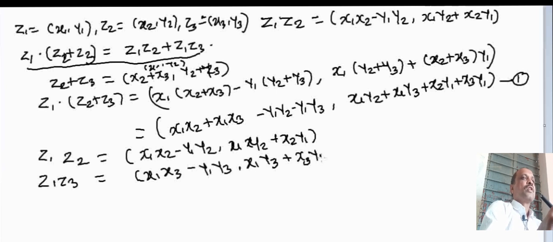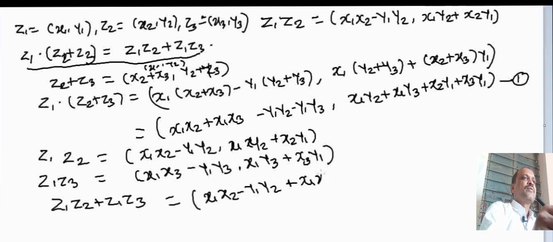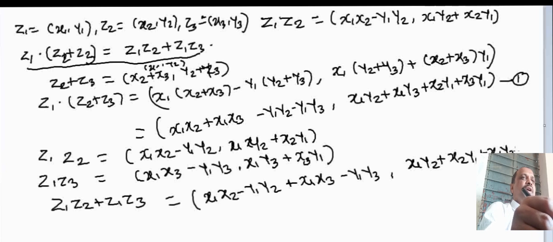Now, let us add: z1 into z2 plus z1 into z3 equals, addition is component wise, (x1 x2 minus y1 y2 plus x1 x3 minus y1 y3, x1 y2 plus x2 y1 plus x1 y3 plus x3 y1).